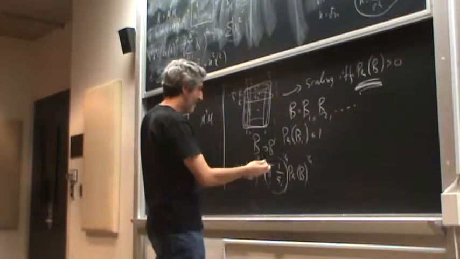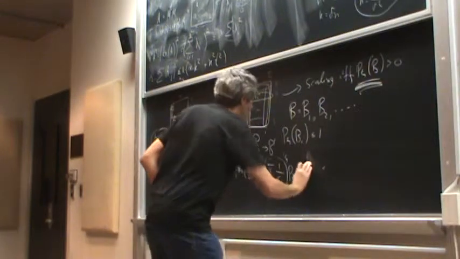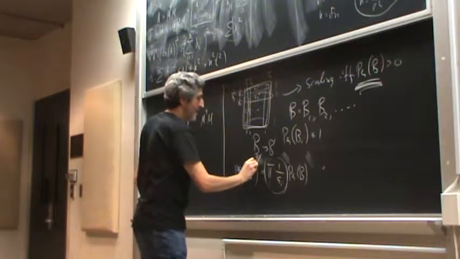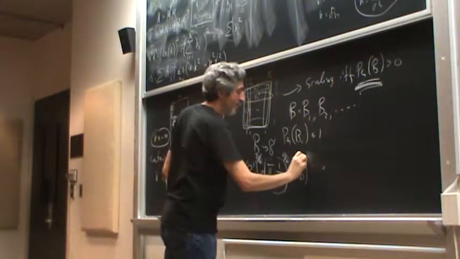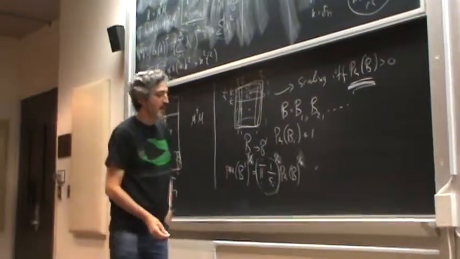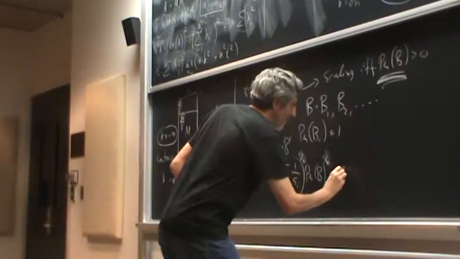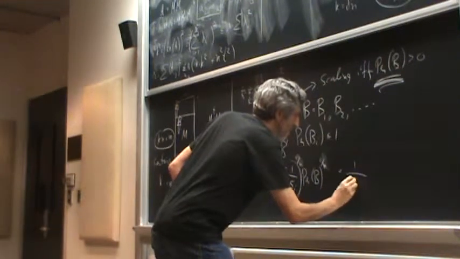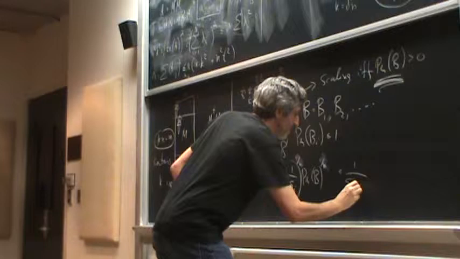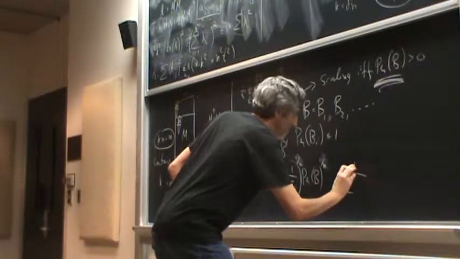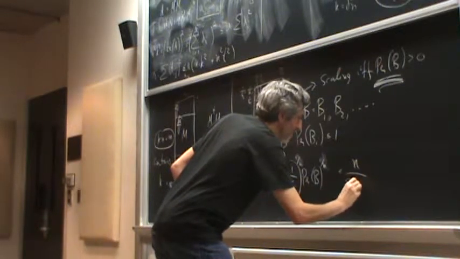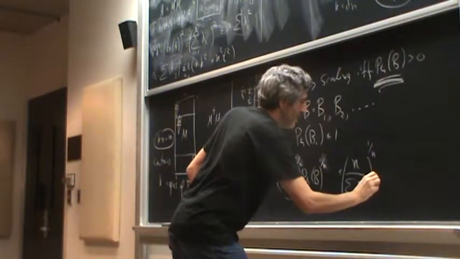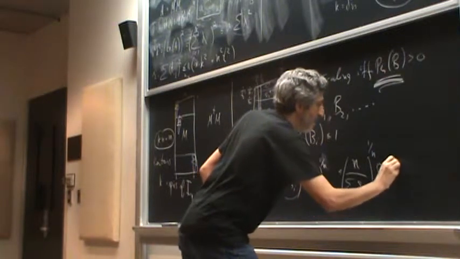So the geometric mean of the 1 over Si is at most the arithmetic mean, 1 over n times the sum of 1 over Si.